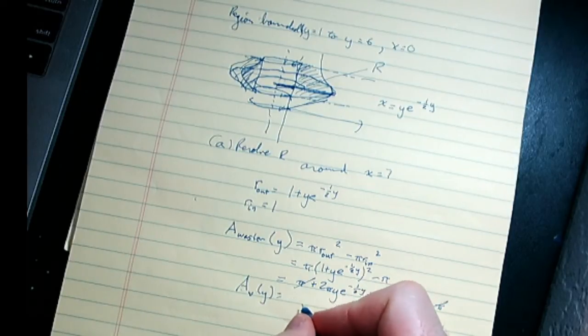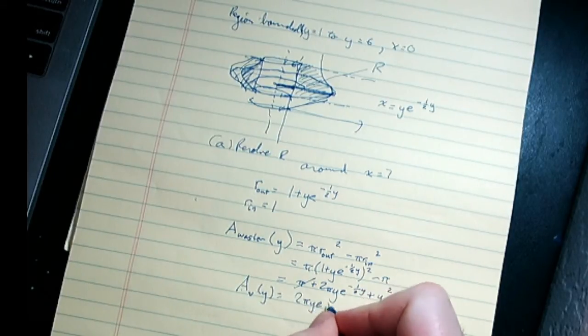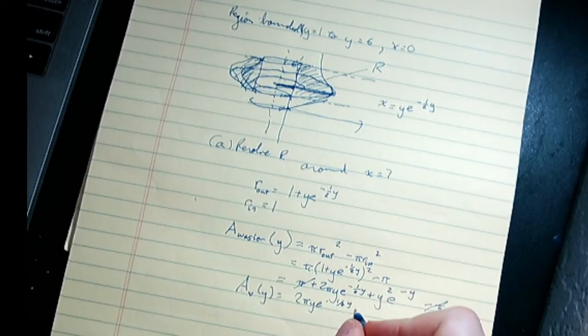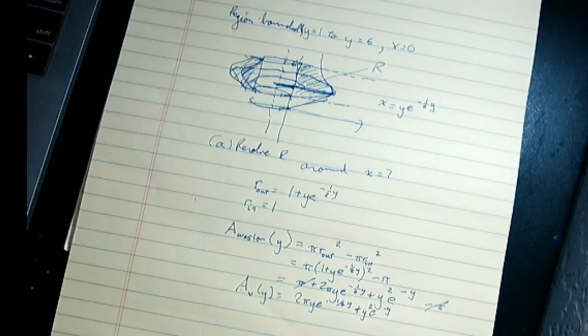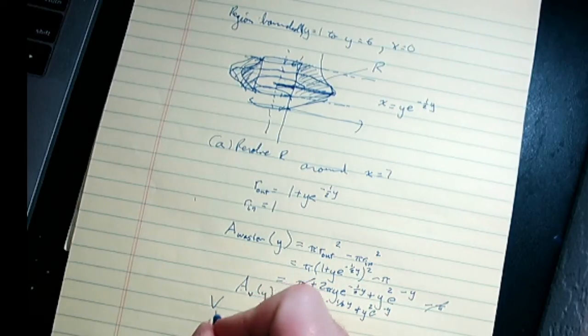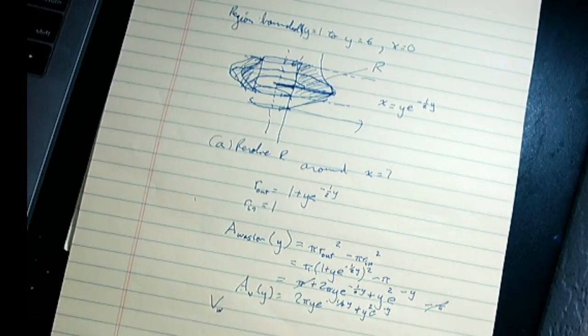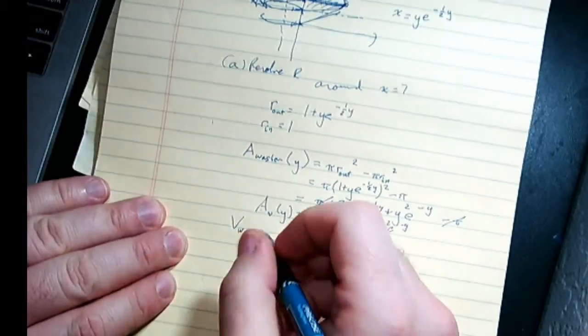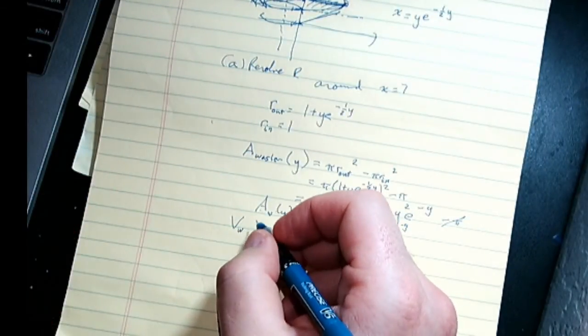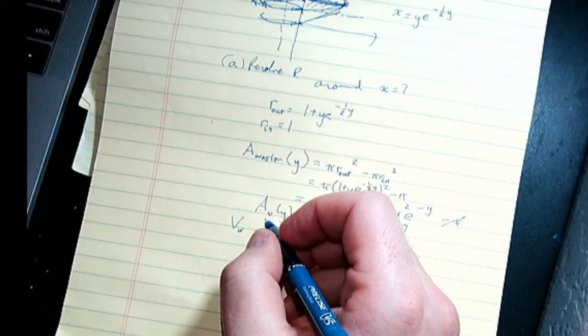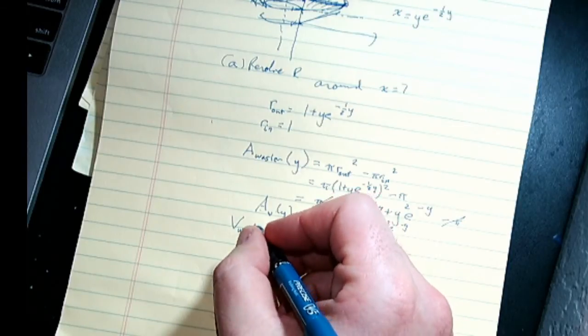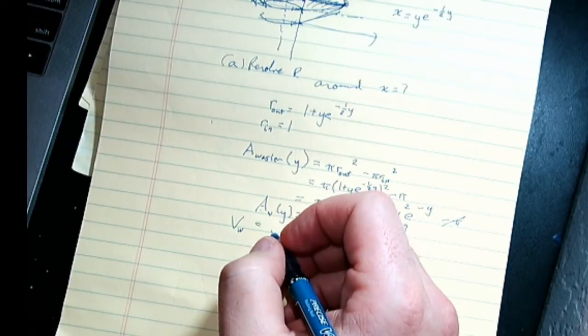It's 2 pi y e to the -1/2 y plus y squared e to the -y. Okay, so what's the volume of the washer? Well, initially, if you're thinking about limiting it out, before you take the limit, it would have some finite volume, some finite thickness, delta y.